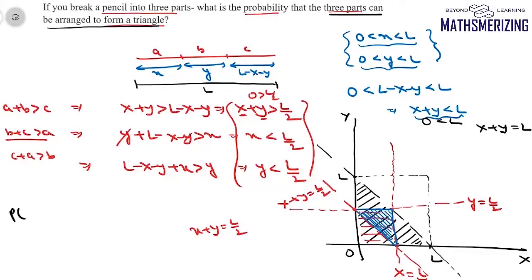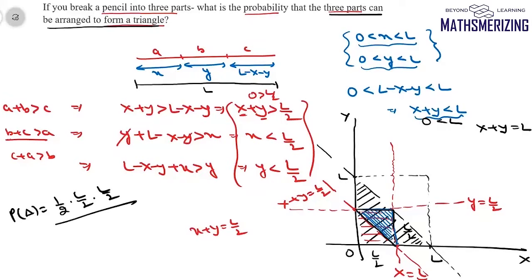Now we'll calculate the probability that these three pieces will form a triangle. So what is the favorable area? Favorable area is the area of this blue triangle. So this is half. Now what is the length of this side? It is L by 2 and this also is L by 2. So half L by 2 into L by 2. And then what is the total area in the problem?